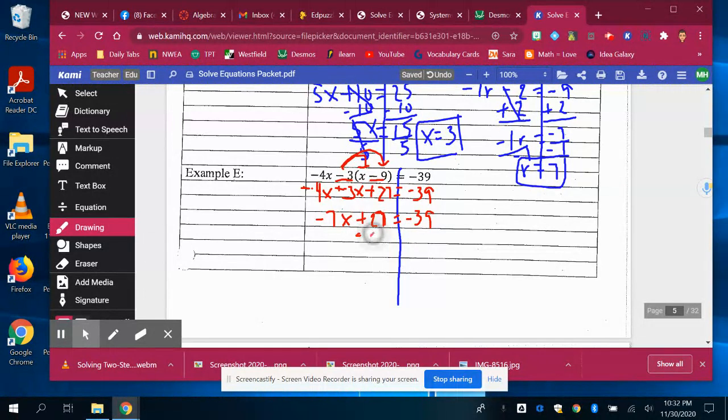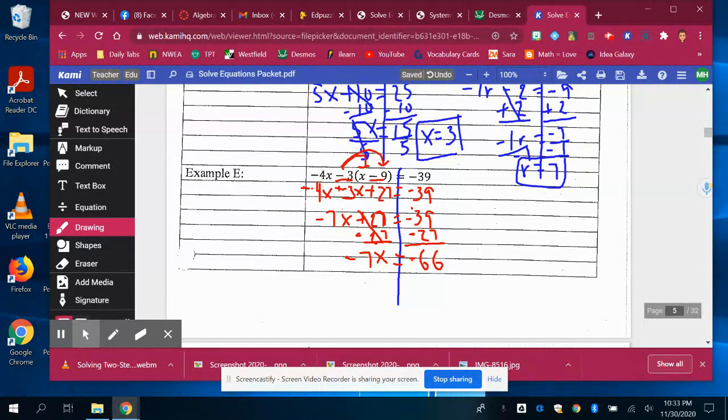Next, I'm going to subtract 27. 27 minus 27 gives me 0 on the left side. I'm going to bring down this negative 7x and my equal sign. On the right side, I have negatives plus more negatives, so I have even more negatives as my answer, and I need to add these because I have the same sign. So that's 16, carry the 1, that's negative 66.